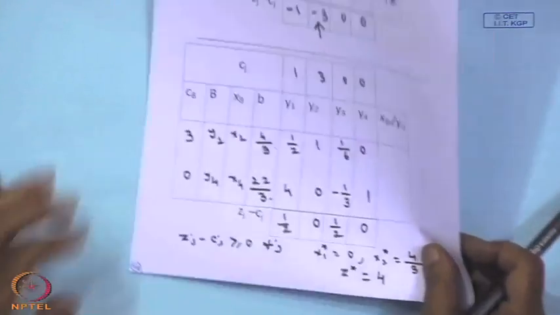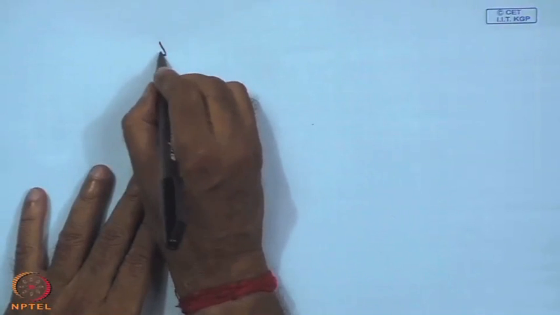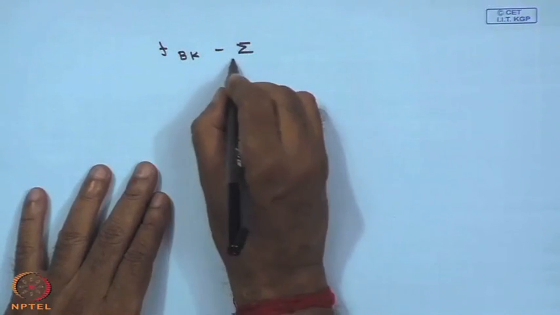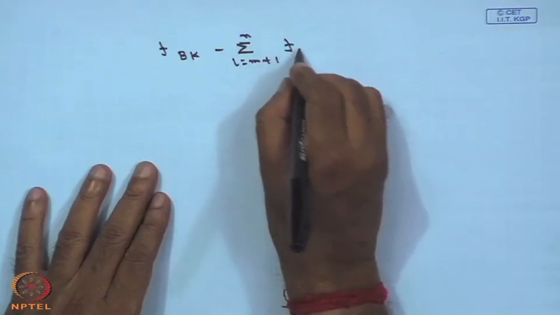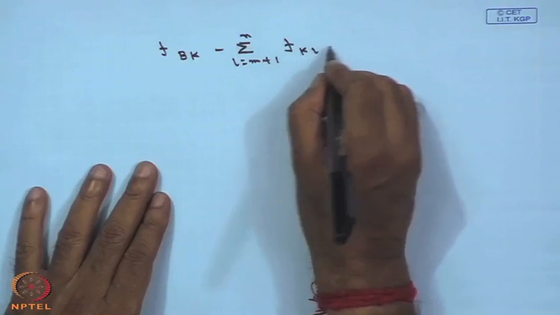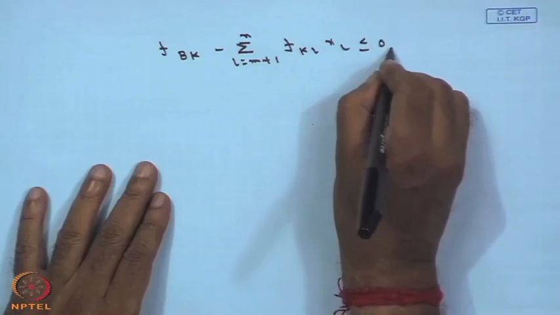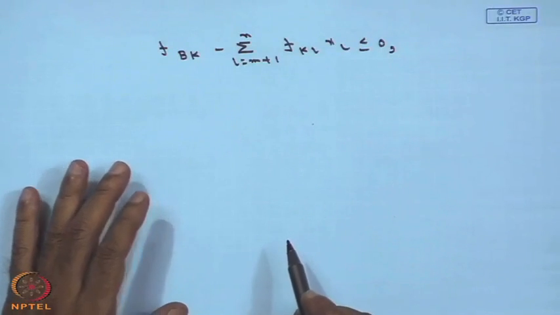So, for this what do I have to do? My formula is, if you remember, xBk minus summation l equals m plus 1 to n of f of y_kl into x_l less than or equal to 0, where f_Bk is the fractional part of xBk.